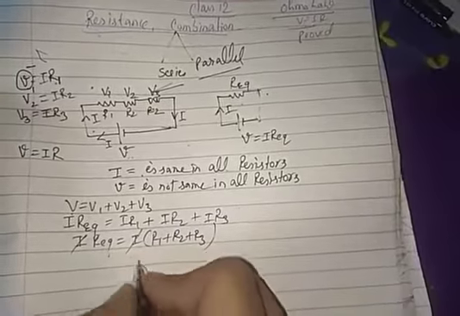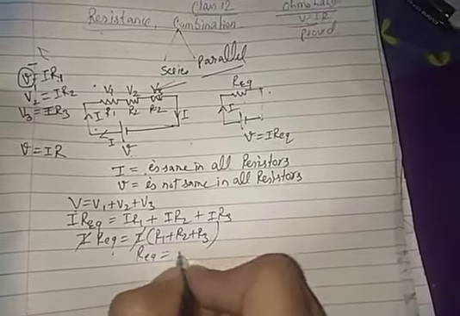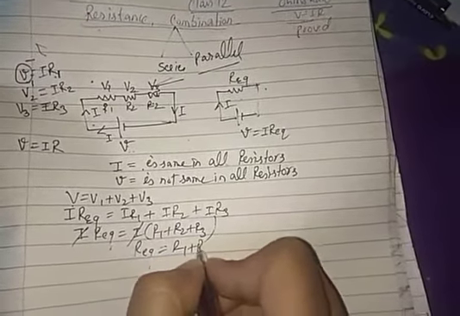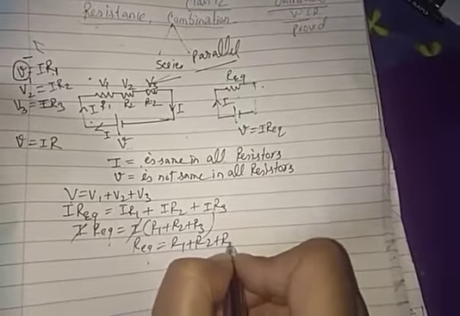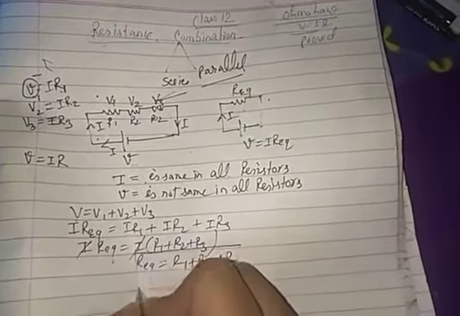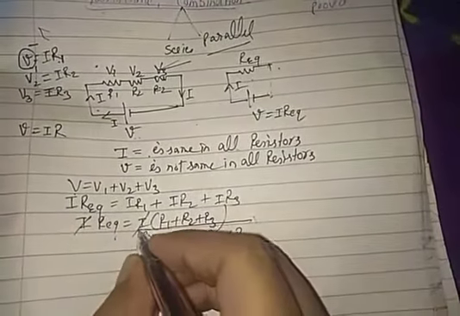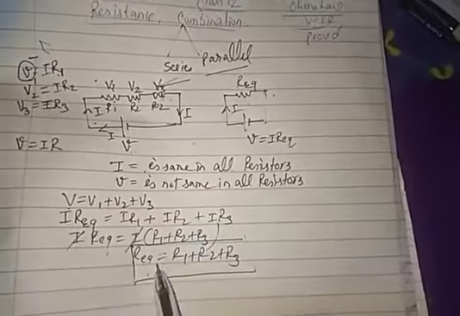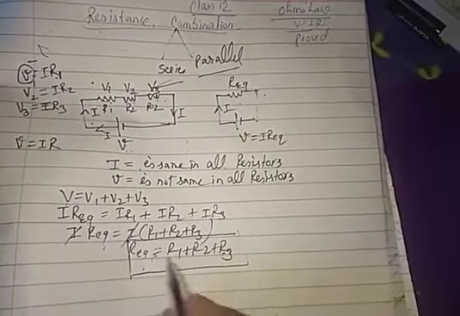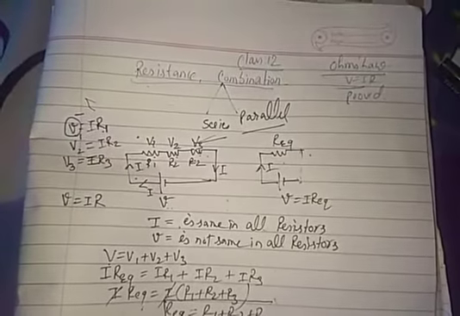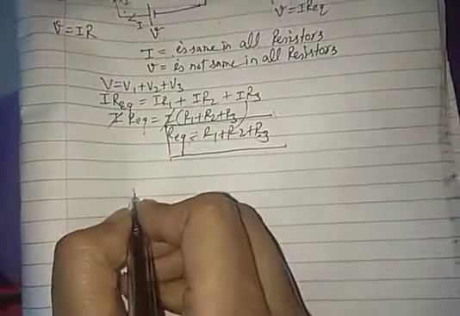I and I get cancelled, so Req equals R1 plus R2 plus R3. For series combination, this is the formula. When resistors are connected end to end, all the resistors are added algebraically to get the equivalent resistance. Got it? Similarly, let us do it for parallel.